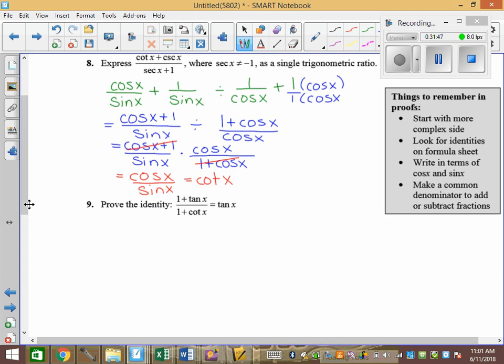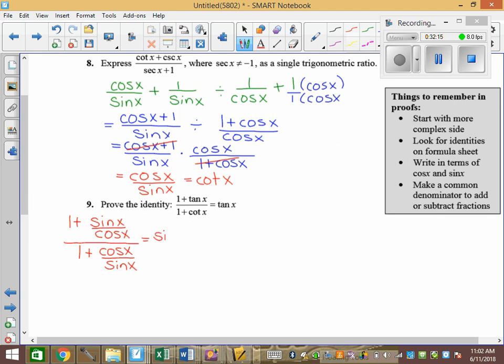The next one, 1 plus tan x and 1 plus cotan x are not squared, right? So we cannot use the Pythagorean Theorem identities that you try and use all the time. You can't. You literally just have to turn into cosines and sines. So we're going to get 1 plus sin x over cos x divided by 1 plus cos x over sin x. Looks super confusing if I stack them, doesn't it?